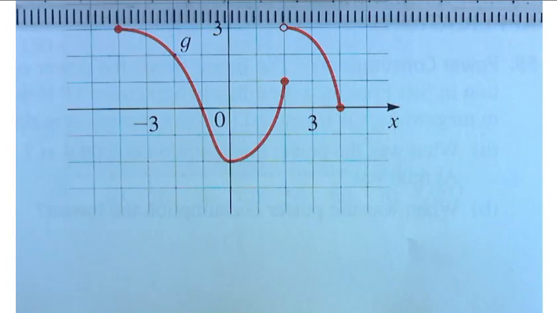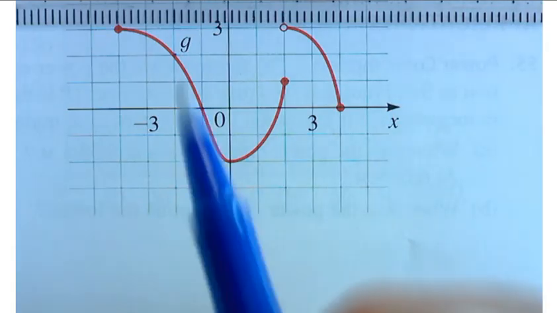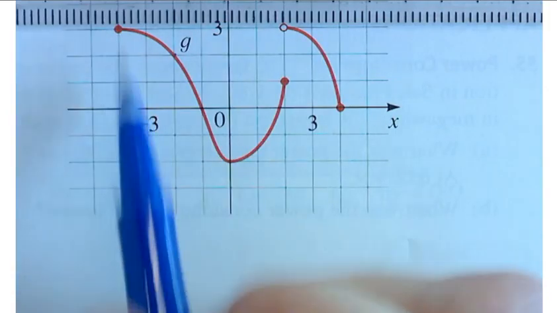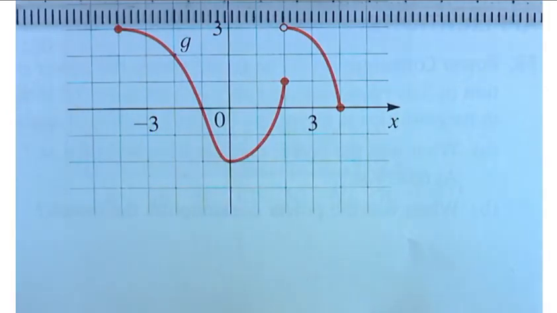What's the x coordinate that you associate with y equals 3? Negative 4. So the answer to part C is just negative 4 for x. Again, they're looking for where y equals 3, and that x value is at negative 4.